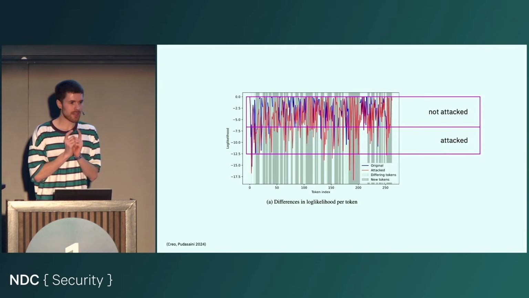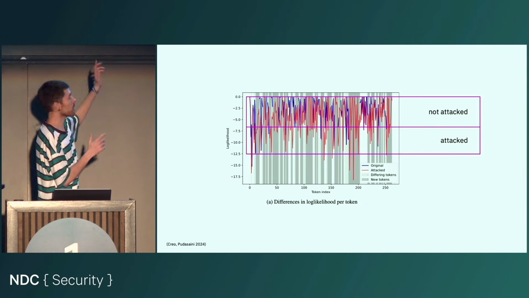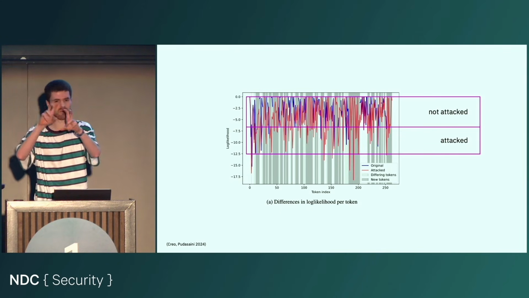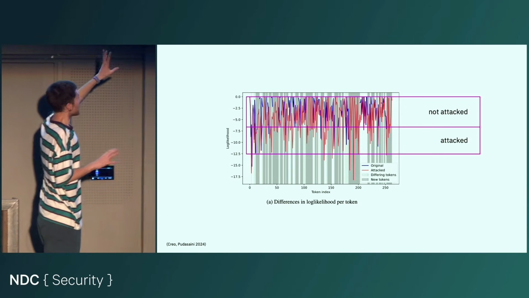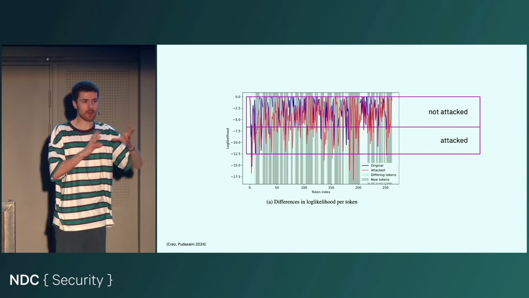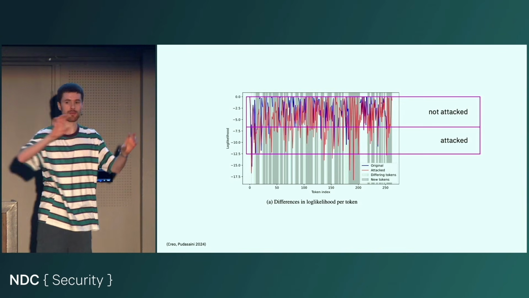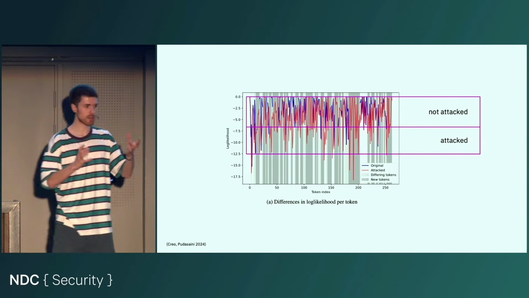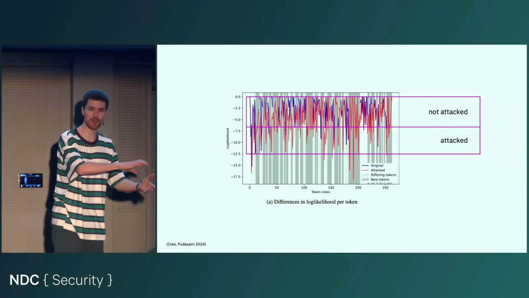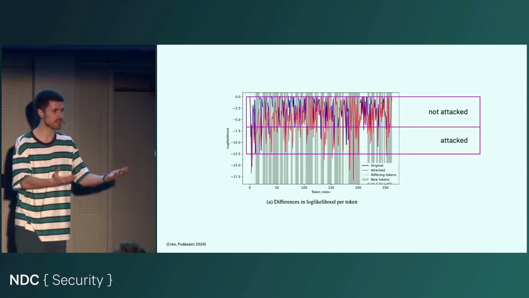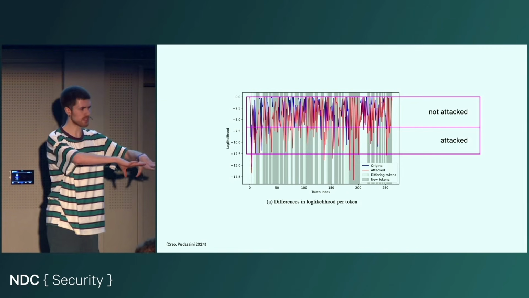Let me just say that perplexity values, or well, what we have here is log likelihood, which is another version of the perplexity idea. They are not very useful as a comparison between different texts. So what I mean by that is that, for example, if I have the US Constitution, it's going to have low perplexity because it's a text that everybody knows. So that's a type of text that has very low perplexity.